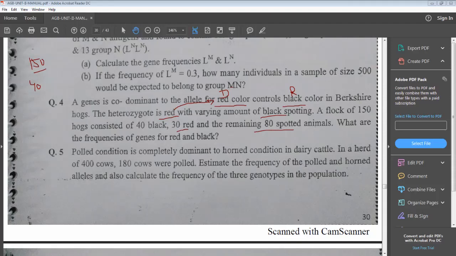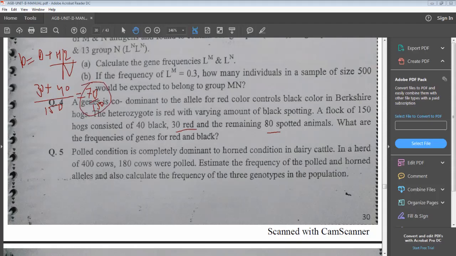Similarly, with the same formula, P is equal to D plus H by 2 divided by N. Here D is the dominant character, that is 30, plus H by 2, the heterozygote, that is 40, divided by 150. That is 70 by 150.